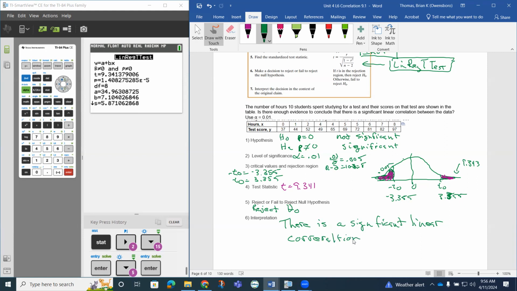So it looks like studying for a test and making a good grade on a test. As the hours increase, your test scores increase. So that's even a strong positive linear correlation.